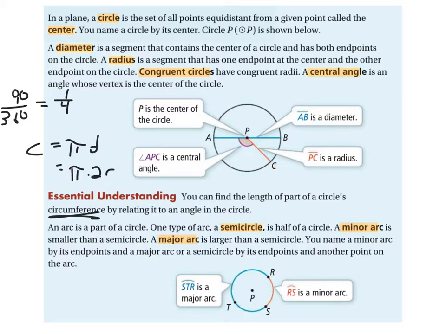Semicircles are half circles going through the center, one diameter through the center, 180 degrees. Minor arc, the short way from one point to another on the circle, less than a semicircle, less than 180, and a major arc goes the long way around and is more than 180 degrees. That's all of it. Let's keep going.